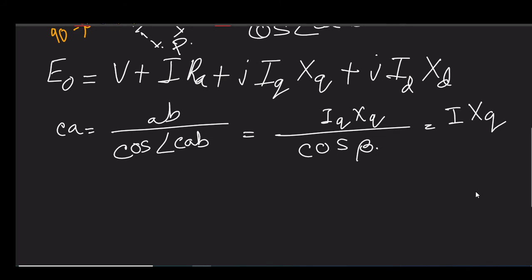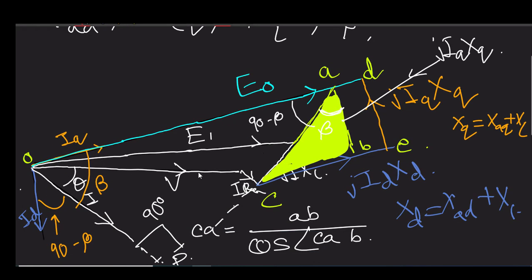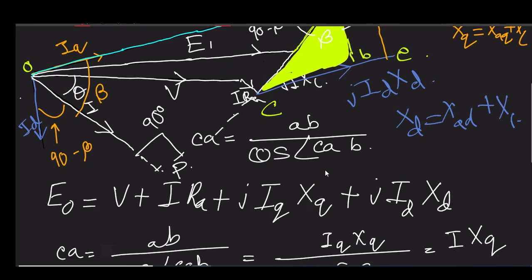So if this is IXq, then the understanding here is why we are doing all this mumbo jumbo: just to avoid needing explicit knowledge of beta, which may not be available to us. So in order to avoid this, we are doing it.